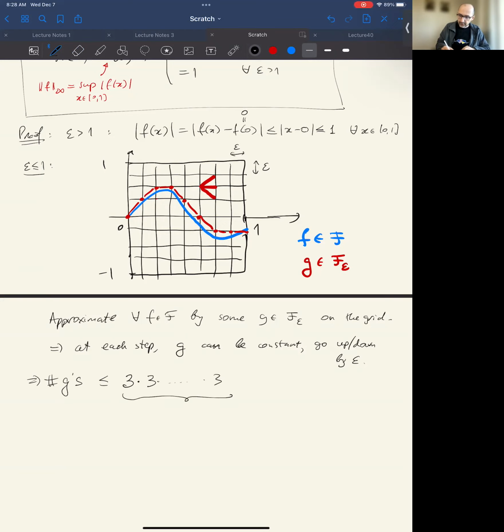How many steps do we have? We have 1 over epsilon steps, because the interval is unit, it's 1. Each step is epsilon, so we have 1 over epsilon steps. So we get 3 to the power 1 over epsilon. Done. That's it.